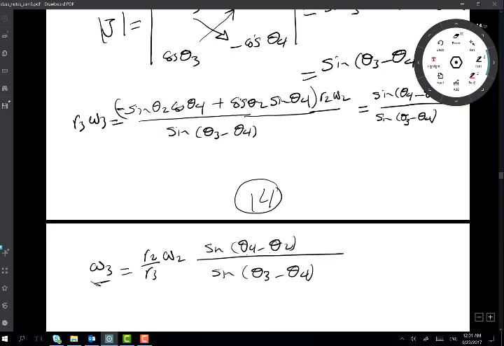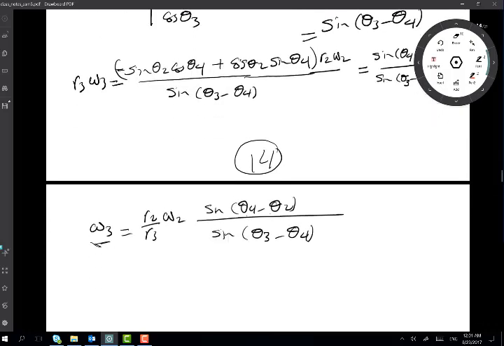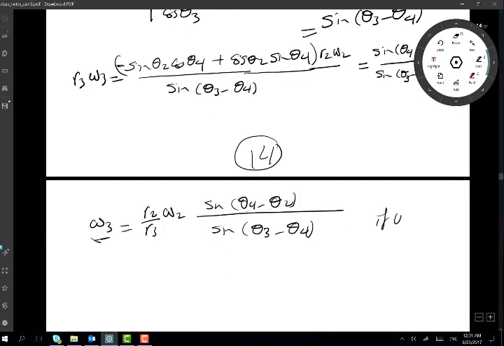So if theta 4 is equal to theta 2, or theta 4 is equal to theta 2 plus pi, or theta 2 is equal to theta 4 plus pi, they are parallel.